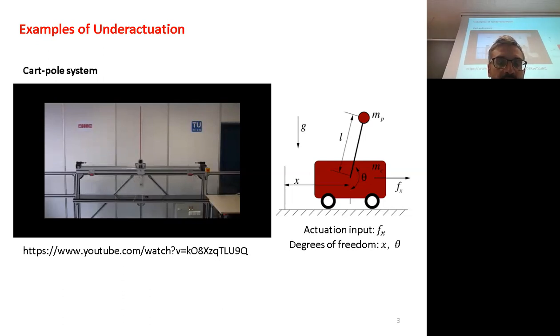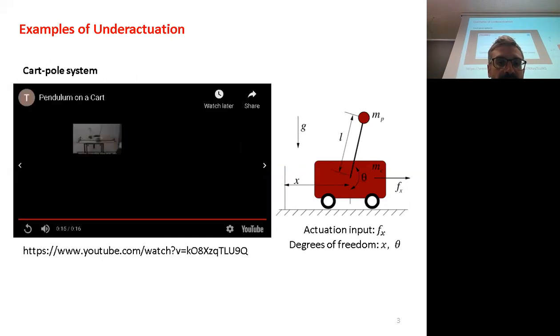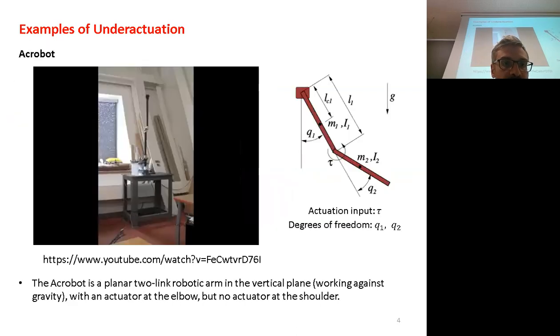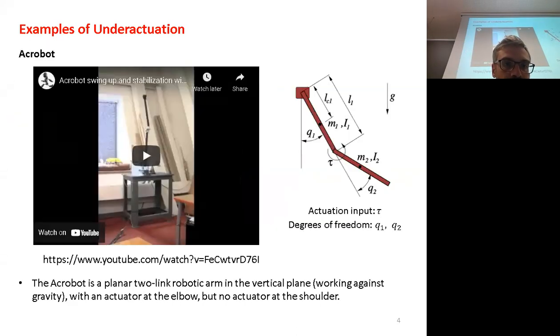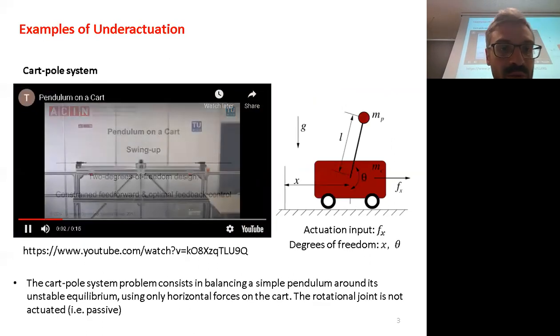So the rotational joint is passive, and we have one actuation input, which is the force acting on the cart, and 2 degrees of freedom, which are the horizontal position of the cart and the angular position of the rotational link. And so a very simple example is to balance this pendulum around this unstable equilibrium using the forces on the cart.